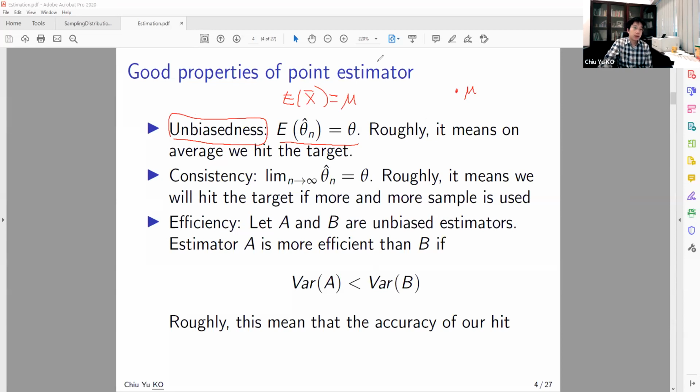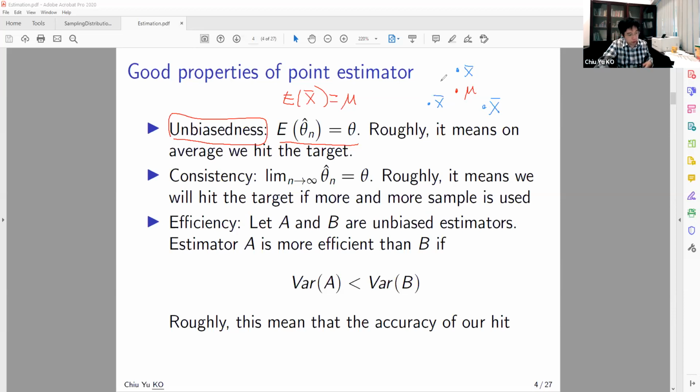In a two-dimensional graph, maybe the first sample mean is here, the second sample mean is here, the other sample mean is here. The average of these three will give you the center. Because this depends on what you draw from the sample, if you repeat the sampling process many times, we get what we want.